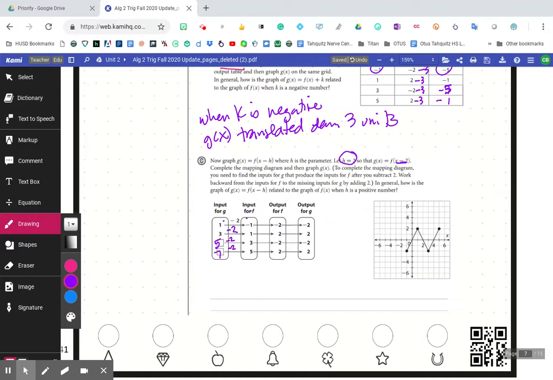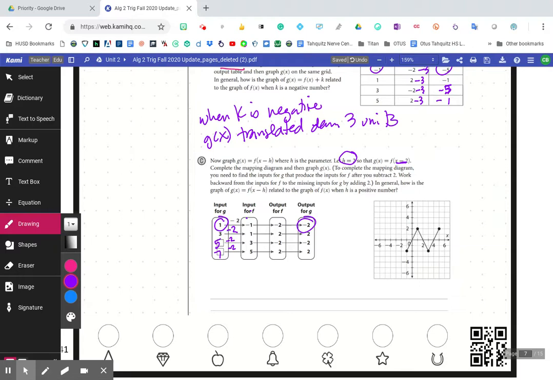Okay, so we're going to go ahead and plot, making sure I'm plotting the right thing here. I'm going to plot 1 for negative 2. So I'm going to go out 1, down 2. That doesn't seem like I'm doing the right thing, does it?